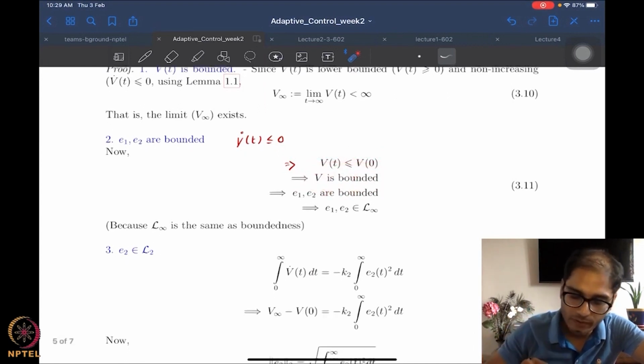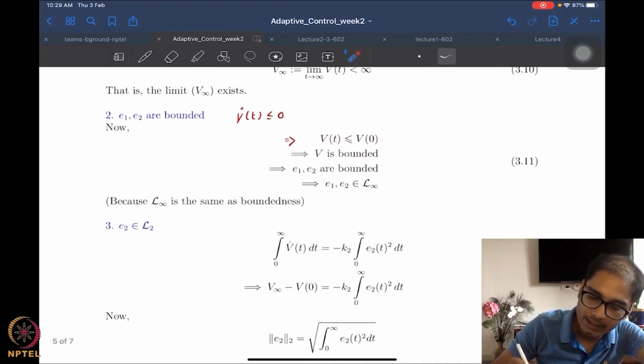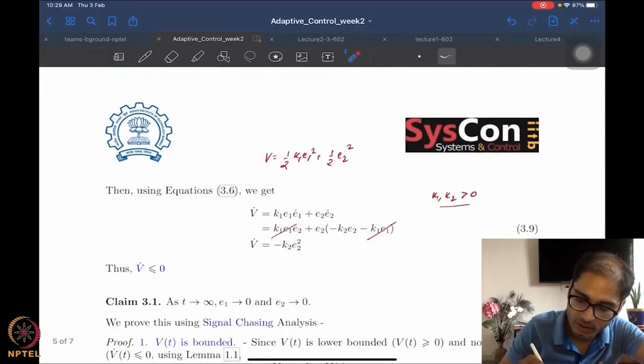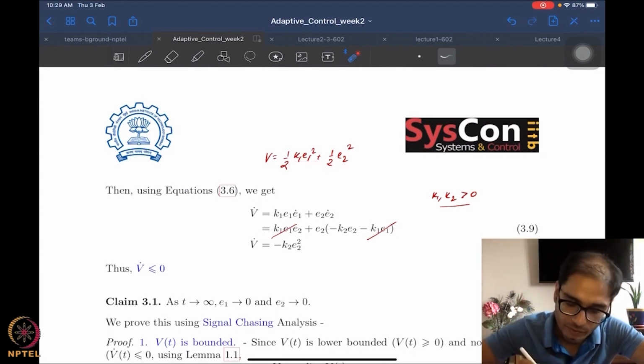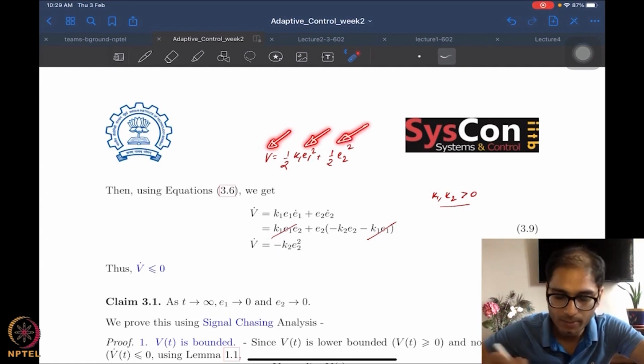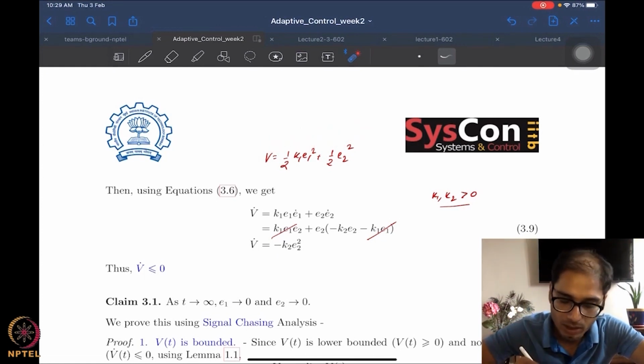Now notice that V is composed of quadratics in the e's. That is, V is actually e1 squared and e2 squared. So it should be obvious that if V is bounded, then all of these have to be bounded, because there's no subtraction happening anywhere. If E1 was unbounded, then V would become unbounded. Or if E2 is unbounded, V would again become unbounded.